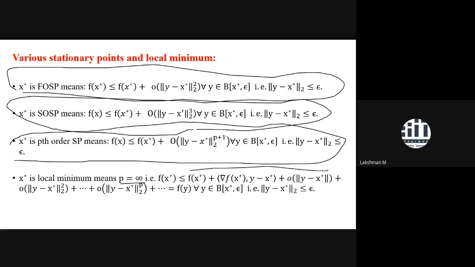So this is the criterion. If you want to claim that x star is a local minimum point from a stationary point, then you have to establish first order, second order, third order, and every order stationary point. Then you can claim that it is a local minimum. It is a very difficult task to do. We'll discuss other kinds of optimality conditions and other approaches as well.